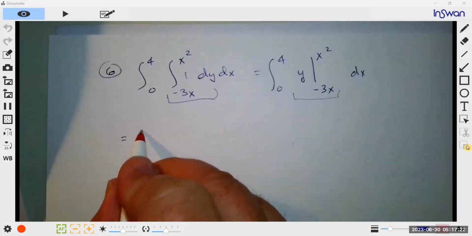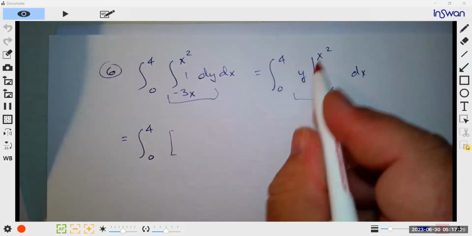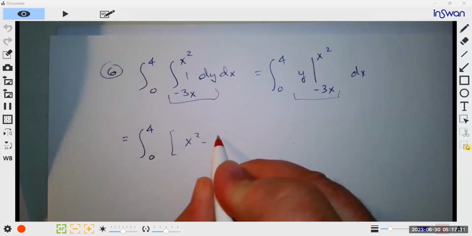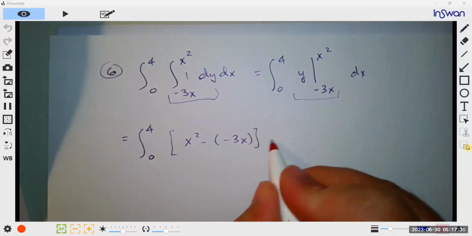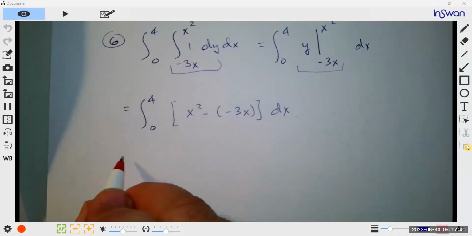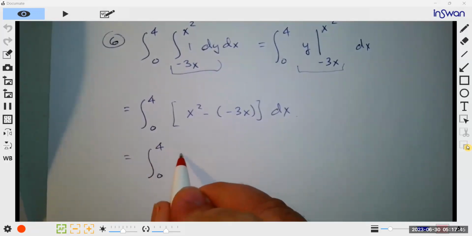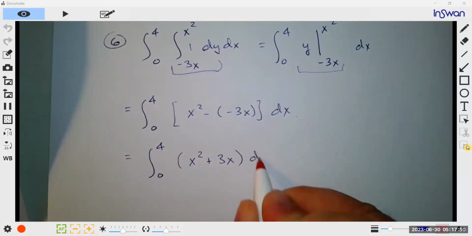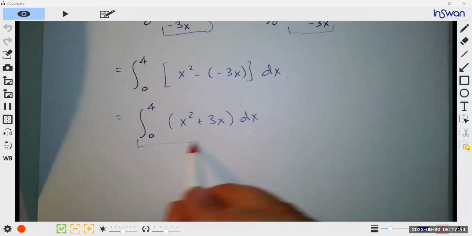All right, so we have 0 to 4, y from x squared minus negative 3x, dx, which becomes x squared plus 3x dx. Now we take it with respect to x.